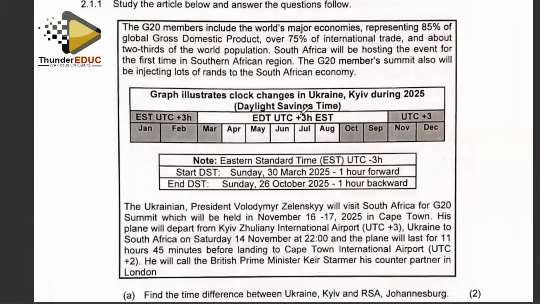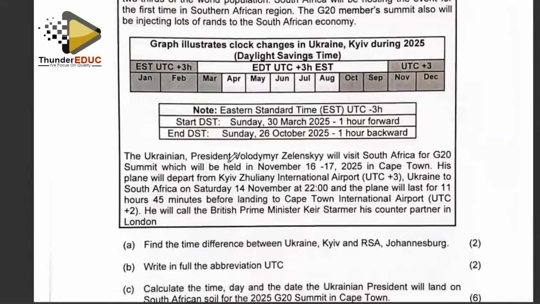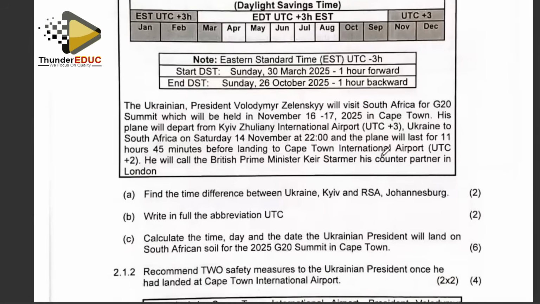There is a graph which illustrates the clock changes in Ukraine during daylight saving time. They practice daylight saving time starting from 30 March 2025, 1 hour forward. The Ukrainian President Volodymyr Zelensky will visit South Africa for the G20 summit, which will be held from the 16th to the 17th of November in Cape Town.